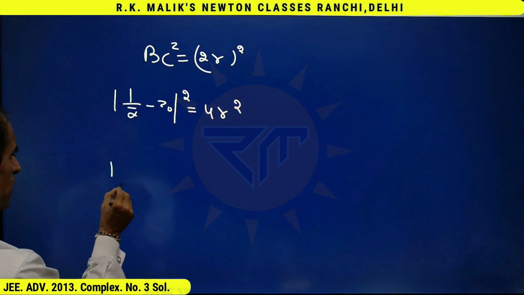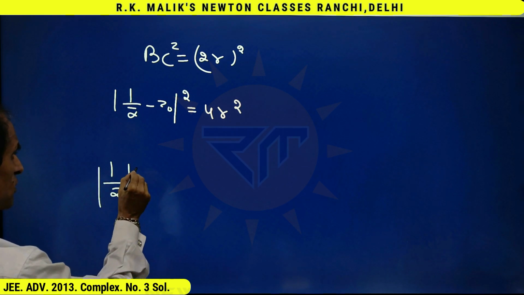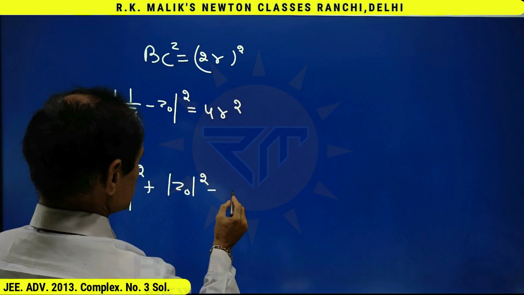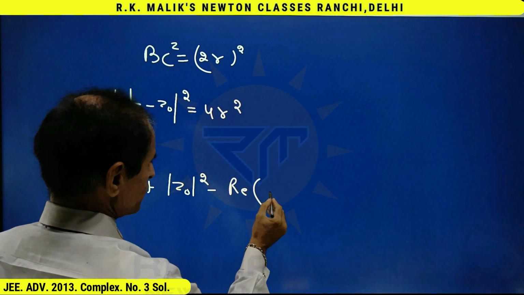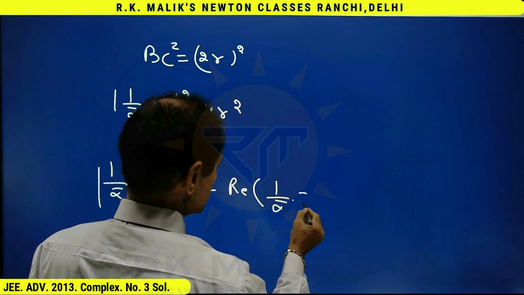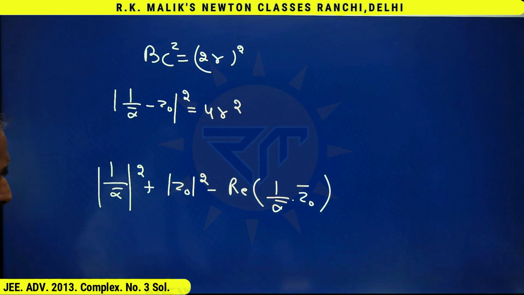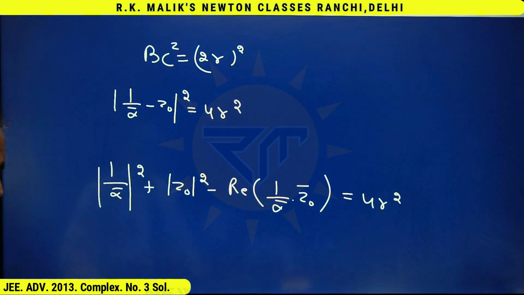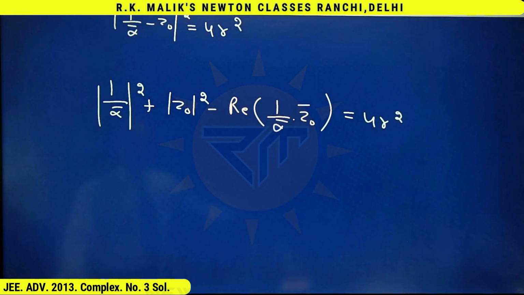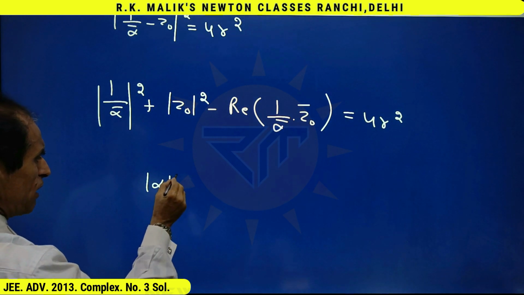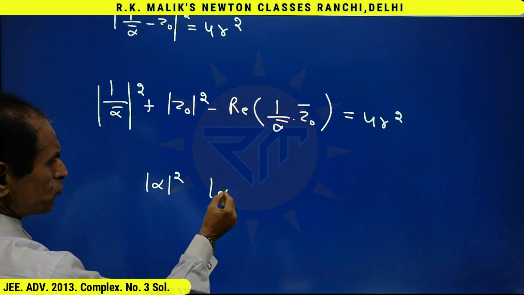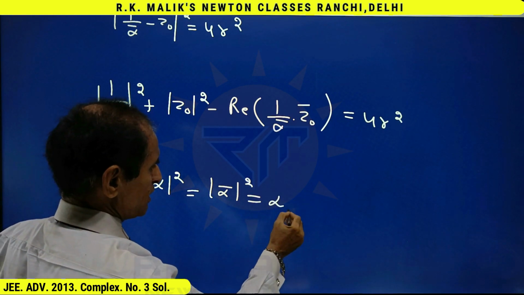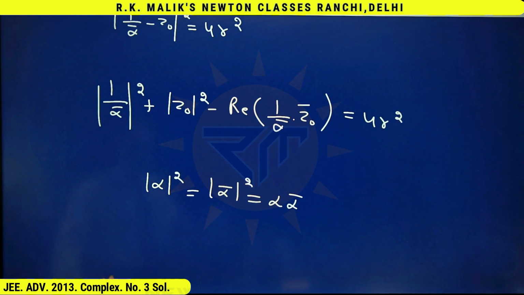That is, I get 1 by mod alpha square plus mod of z0 square minus real part of 1 by alpha bar into z0 bar equal to 4r square. And now I am going to multiply the whole equation by mod alpha square. Yes, mod alpha square or mod alpha bar square is same, and this is also equal to alpha bar. What I will get?